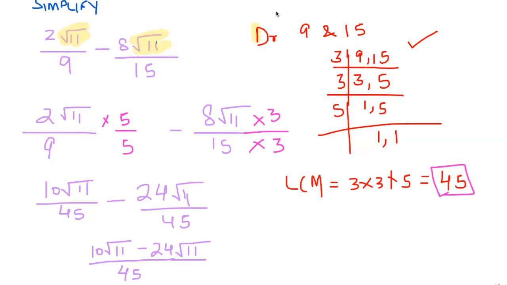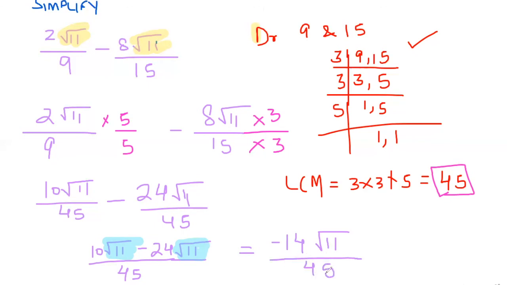So now I can perform subtraction. So these are the same radicals here. So I can do the subtraction here. If the radicals are not same, I cannot subtract these two terms. So I will write the radical as it is. So I get square root of 11 as it is. And I will do 10 minus 24, which is negative 14 upon 45.